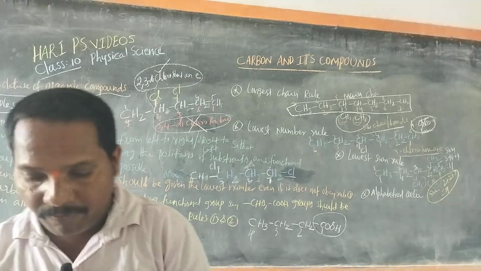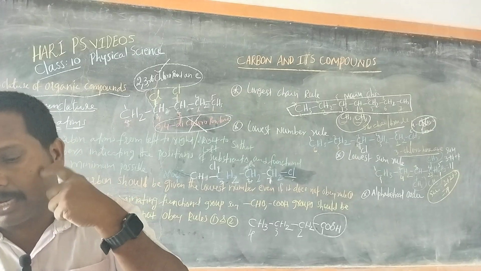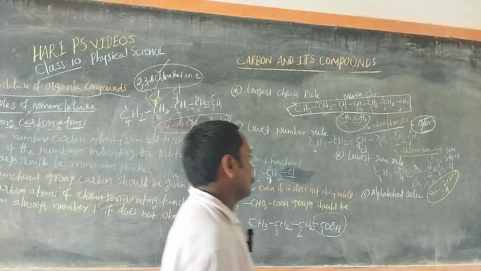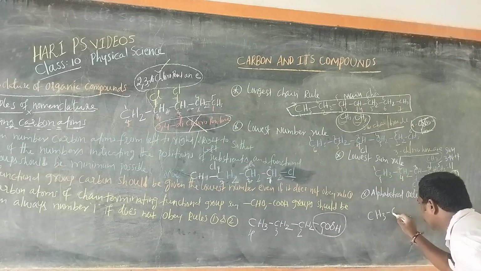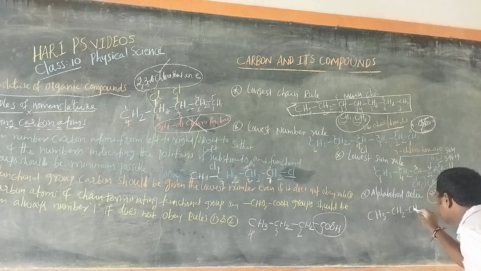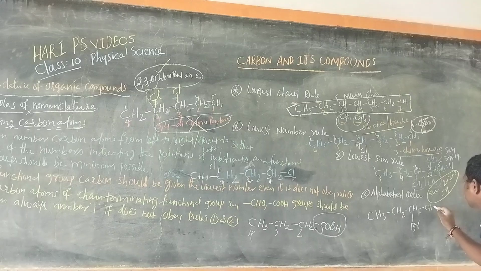Then the last one, alphabetical order. When two or more different groups are present, such groups are arranged in alphabetical order. For example, here we take CH3, CH2, CH2, CH, bromine, CH2, Cl. How many carbons? 1, 2, 3, 4.